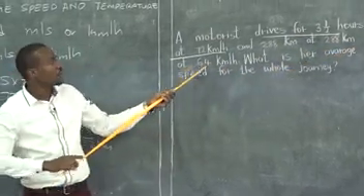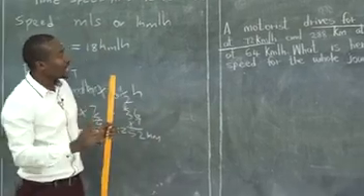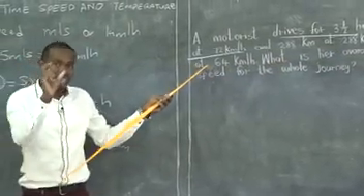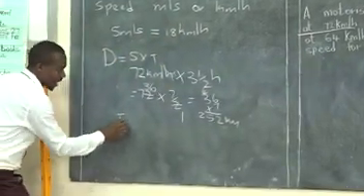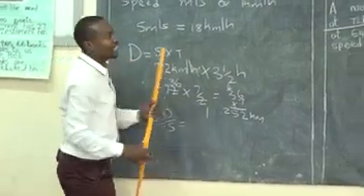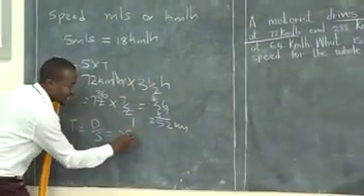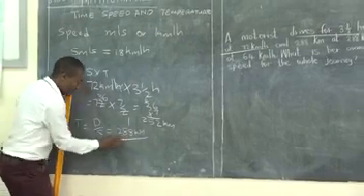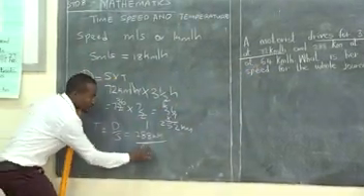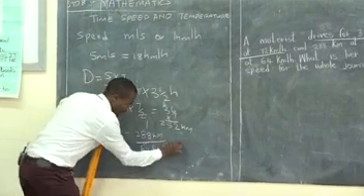Let us move to the second part of the journey, whereby we are told 288 kilometers at a speed of 64 kilometers per hour. Here, we are given distance and speed. We need to get time. We all know that time equals distance over speed. Our distance is 288 kilometers divided by our speed, which is 64 kilometers per hour.